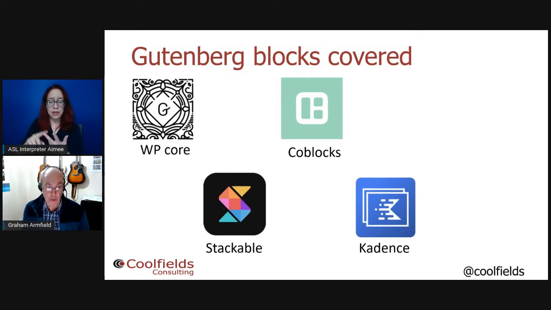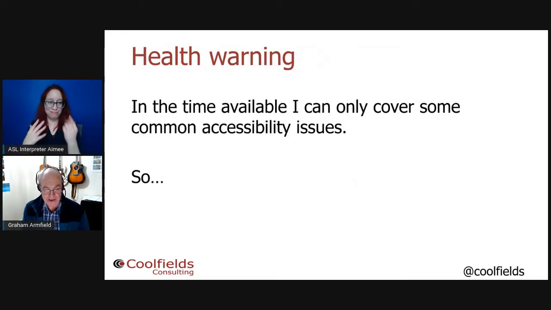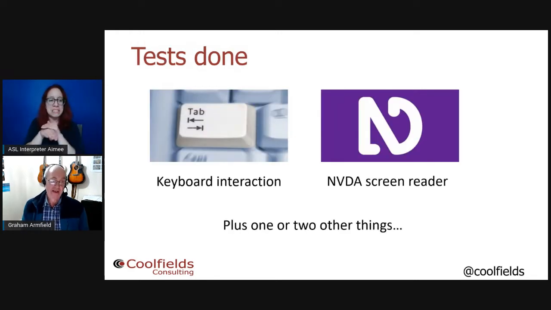I certainly didn't choose all of the blocks that are available from these people, and we'll see what we have time to cover. I've only got a short time, so I can't cover everything, and so I'm only going to cover some common accessibility issues.